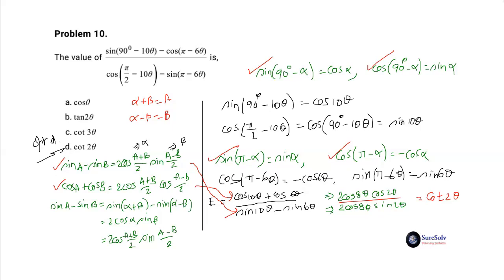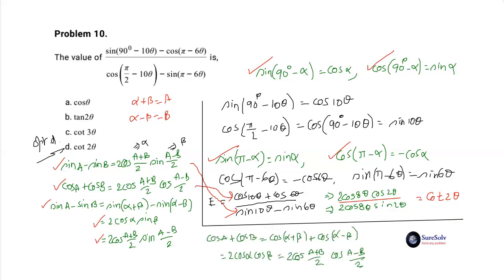Sin A minus sin B equal to sin alpha plus beta minus sin alpha minus beta equal to 2 cos alpha sin beta equal to 2 cos A plus B by 2 multiplied by sin A minus B by 2. And cos A plus cos B equal to cos alpha plus beta plus cos alpha minus beta equal to 2 cos alpha cos beta equal to 2 cos A plus B by 2 multiplied by cos A minus B by 2.